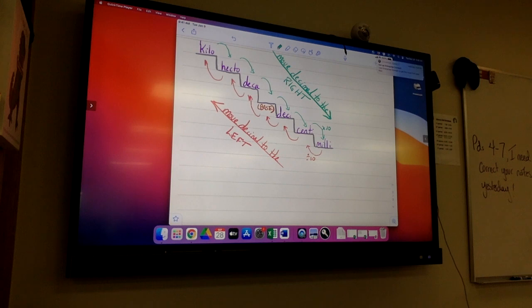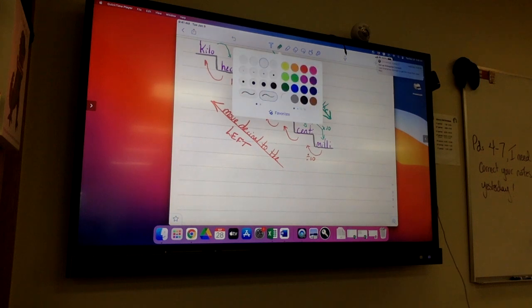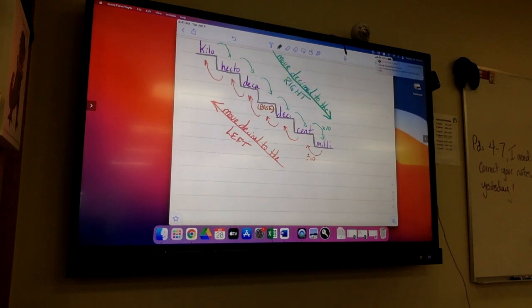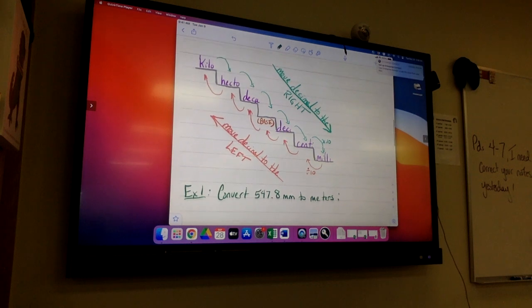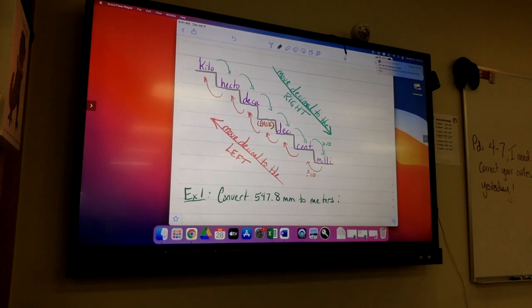So example 1 is convert 547.8 millimeters to meters. Okay, this is where the stair step comes in super handy.